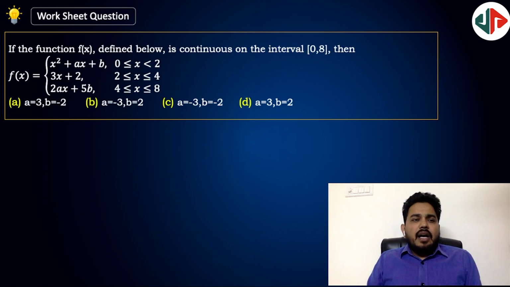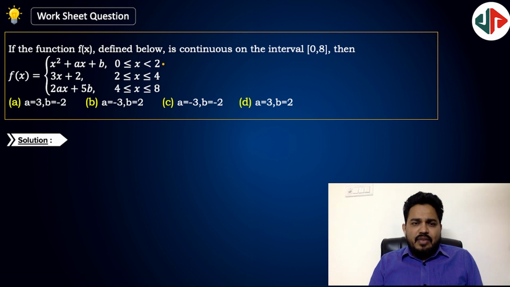Okay. The function f of x is defined below is continuous on the interval 0 to 8. And what is this f of x? So this function is continuous. So at 2, directly look at 2, the value going to 2. This is 4 plus 2a plus b. And what about this one?